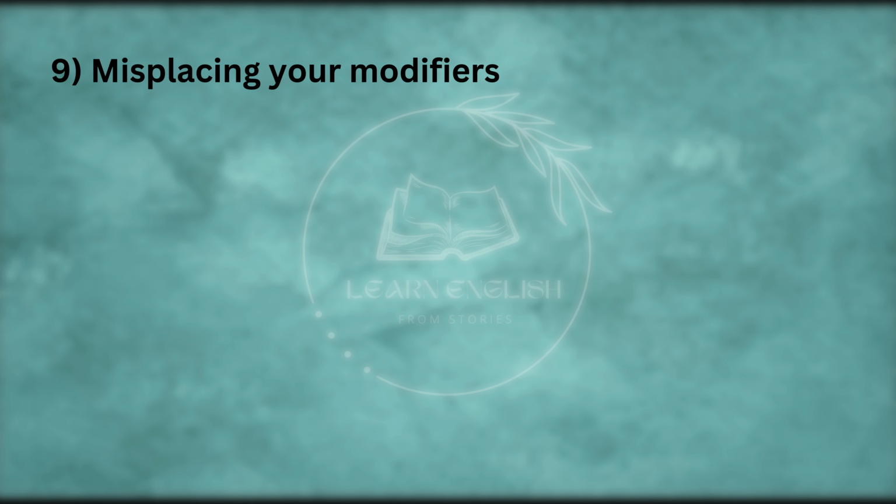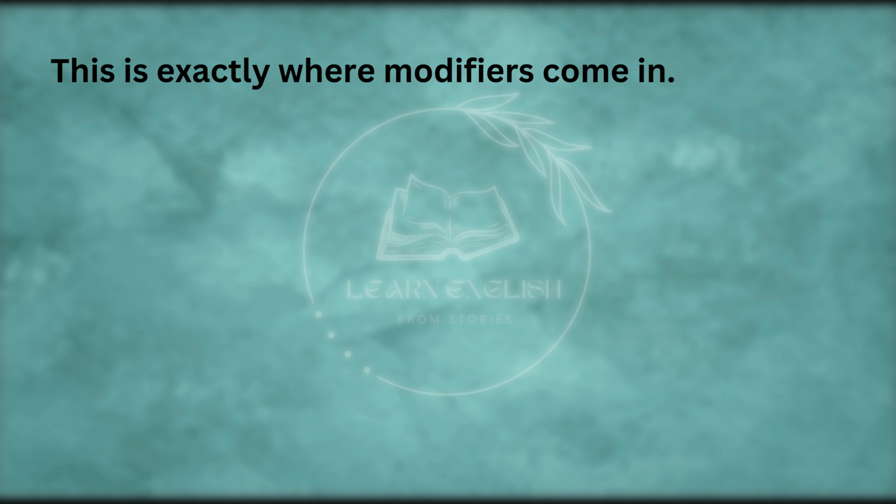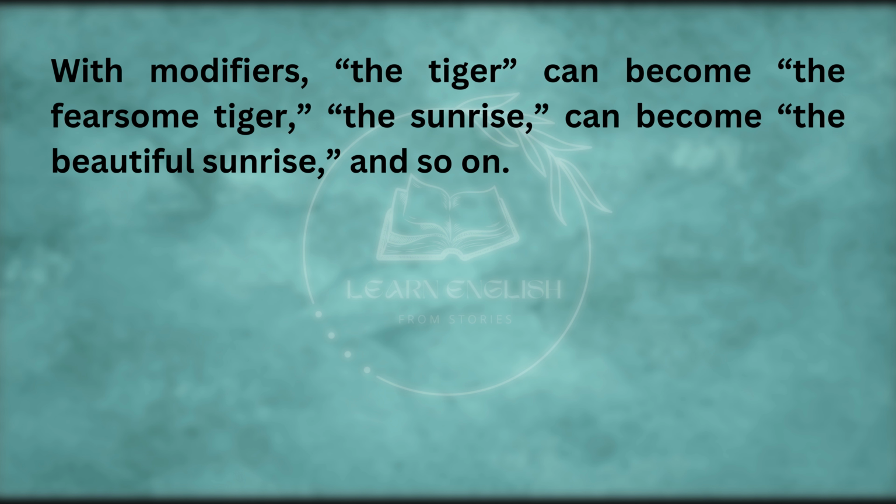9. Misplacing your modifiers. Language would be pretty dull without words to add a bit of extra flavor to sentences and descriptive speech. This is exactly where modifiers come in. With modifiers, the tiger can become the fearsome tiger, the sunrise can become the beautiful sunrise, and so on.